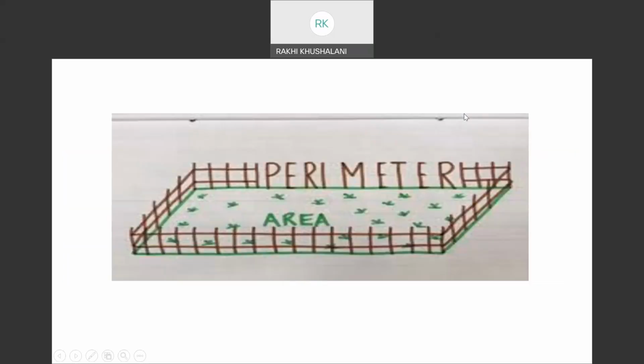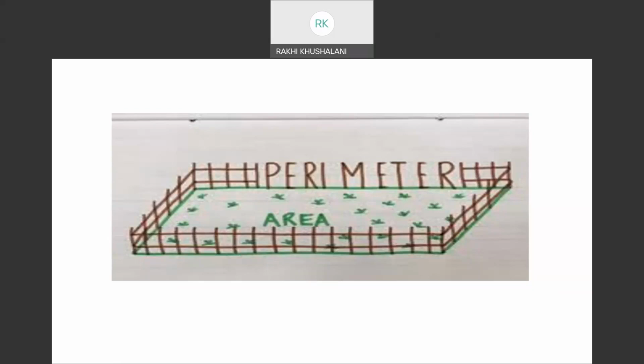Now here again, as I said, if you have a garden and you do some plantation in that garden, you are basically using the area of that garden. And if I put the fencing around that garden, that means I'm using the perimeter. So if you're asked what is the length of the wire required to fence the boundary of the garden, you should know the perimeter of that garden.